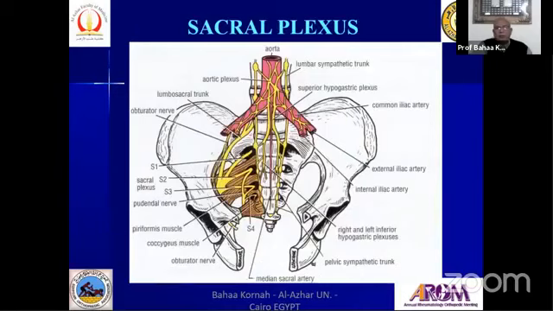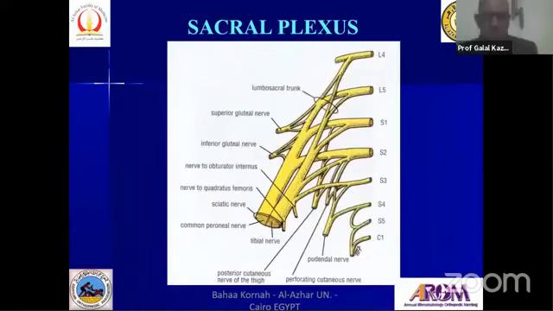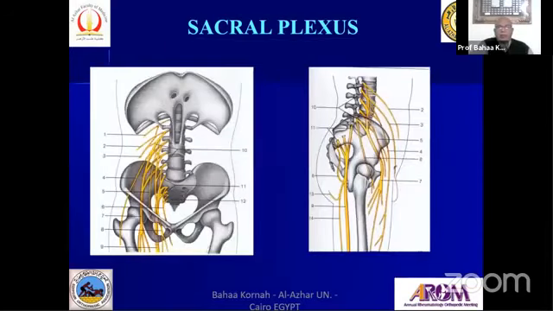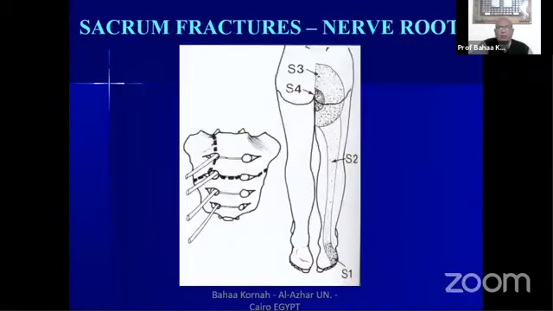This is the view of the sacral plexus and how crowded it is, and any injury can lead to a neurological deficit. This is the sacral plexus, and we know its importance for the lower limb. And this is the sacral plexus also from anterior and lateral. We also have to know the dermatomes for examination.